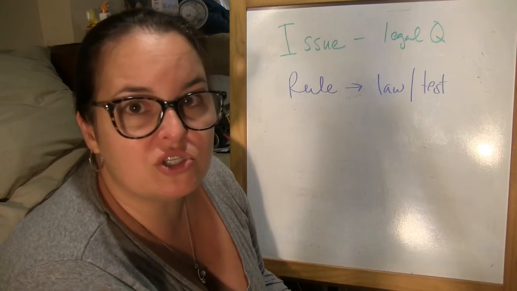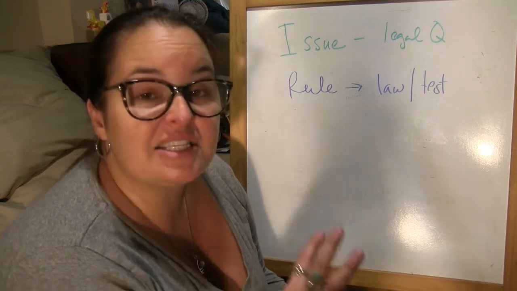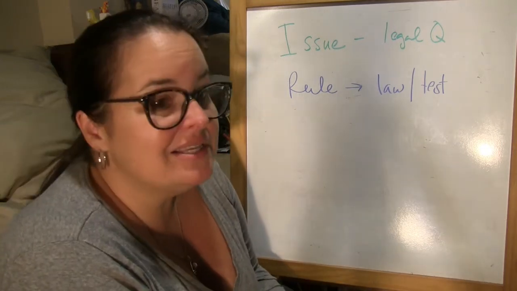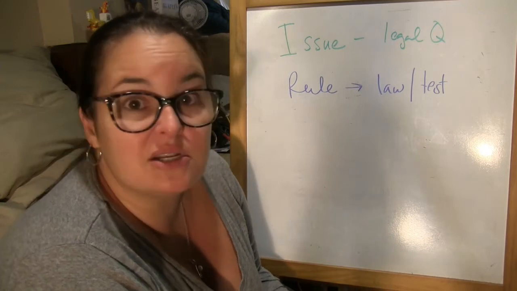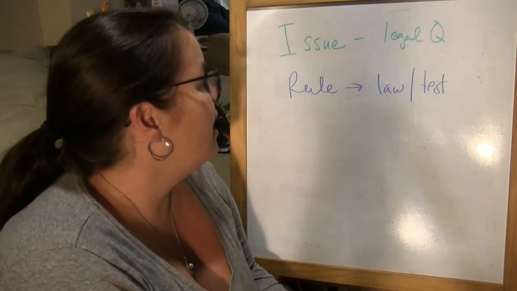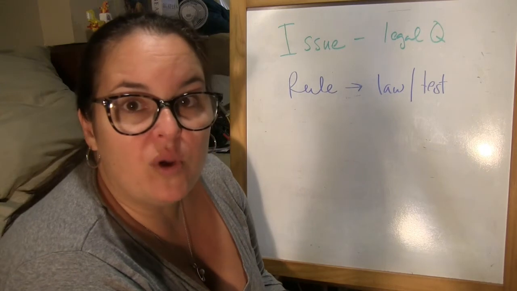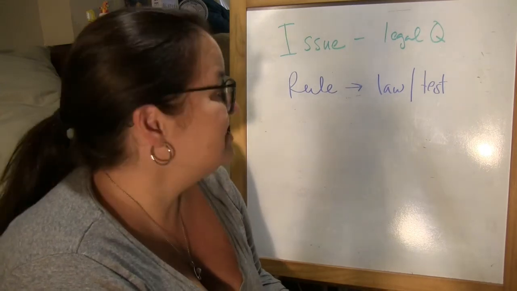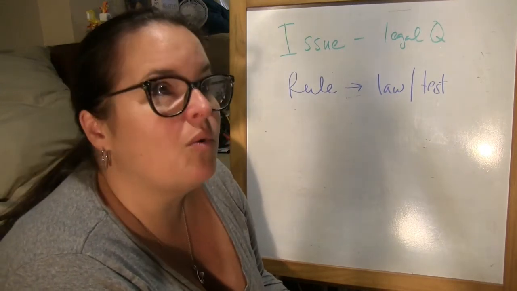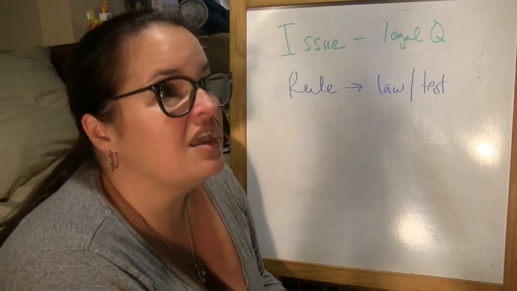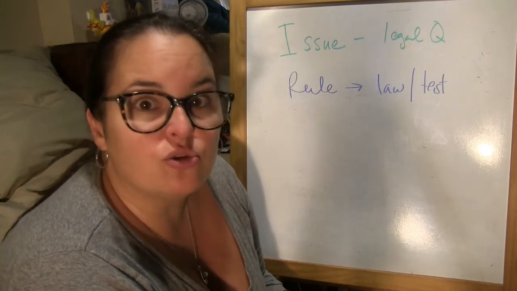There's no formula to it. It just has to have all the right stuff in it. So "is abortion constitutionally protected" could be a way to say that. The rule of law that was discussed in the case is the constitutionality of it. In Roe versus Wade, I think, it was due process and the right to privacy.